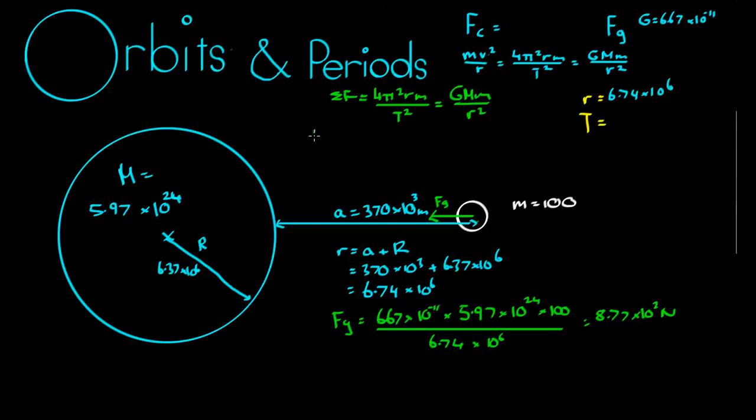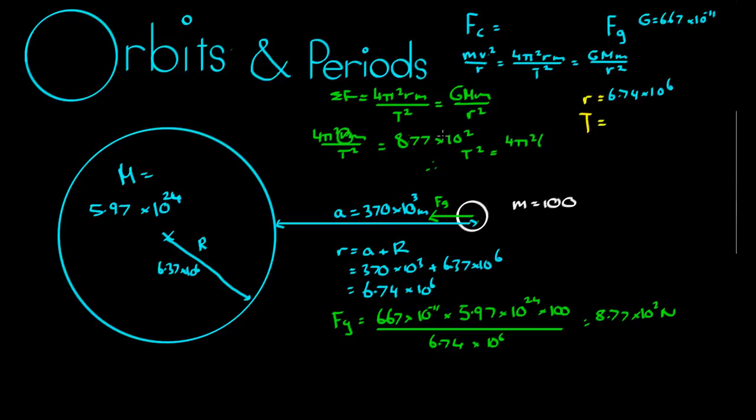We know that 4 pi squared Rm on t squared is equal to 8.77 times 10 to the 2. Therefore, multiplying both sides by t squared and then dividing both sides by 8.77 times 10 to the 2, t squared is equal to 4 pi squared.